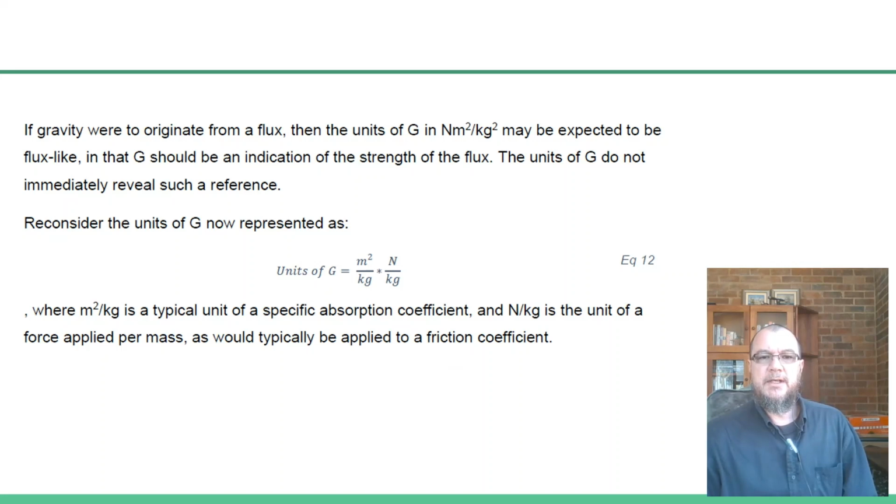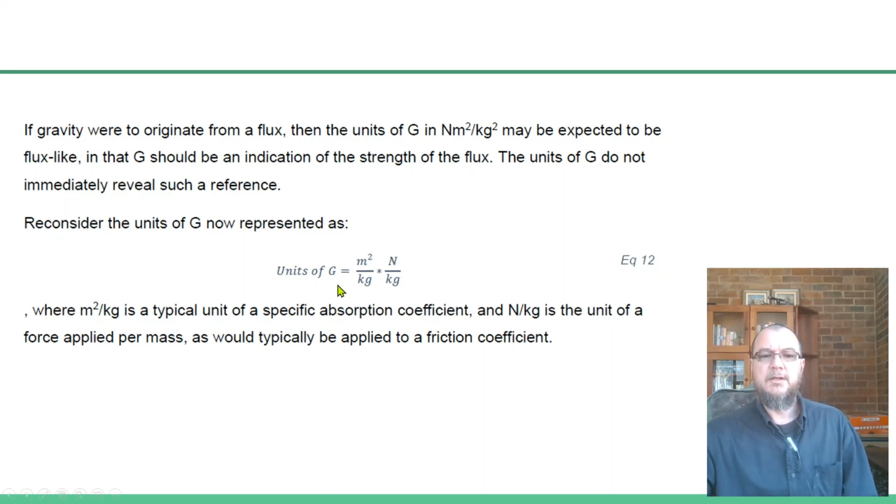Consider the units of G as Newton meters squared per kilogram squared, as shown on screen. Using G in Newton's equation returns a unit of force, which shows us the magnitude of attraction between two gravitational masses. Let's rewrite those units as shown here. Same units, just written in a different way.